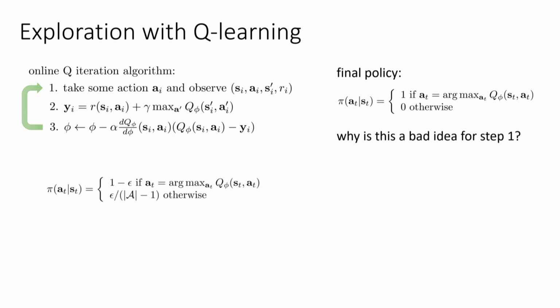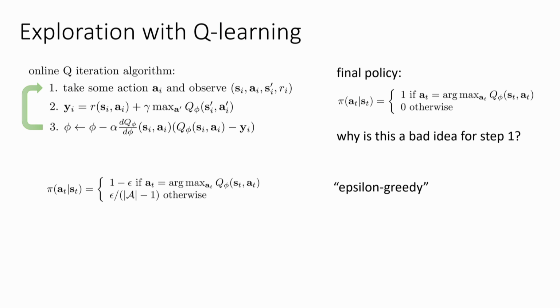One choice, which is very simple to explain but a little hard to write out, is called the epsilon greedy policy. So the epsilon greedy policy is in some sense the simplest kind of exploration method you could have. It says every action has a non-zero probability, but the best action has a higher probability than the others. Specifically, you have a 1 minus epsilon probability of taking the best action, and then the remaining epsilon you divide up evenly among all the other actions.